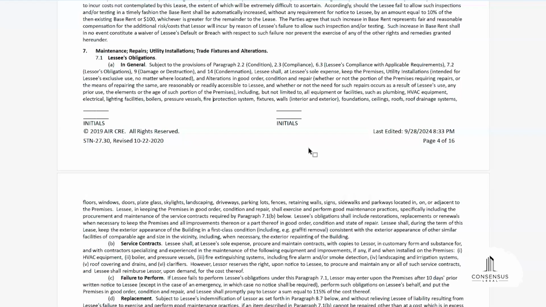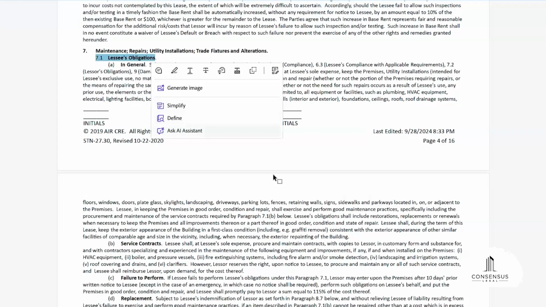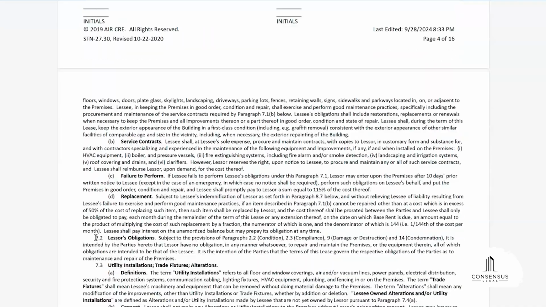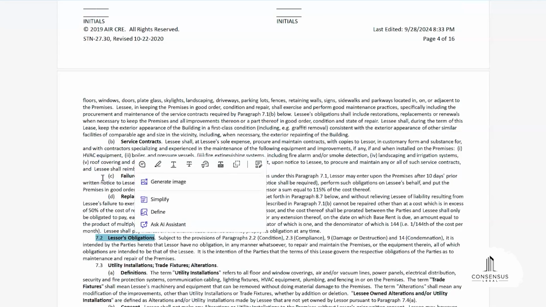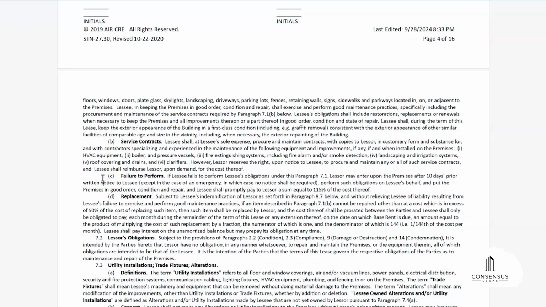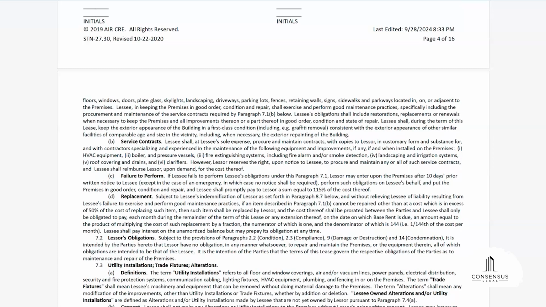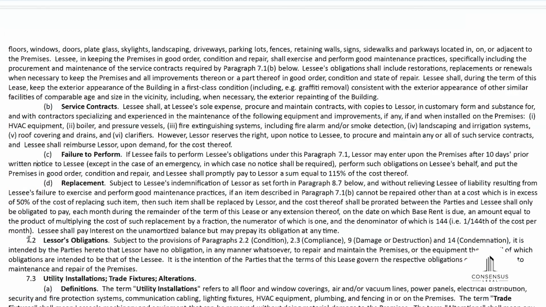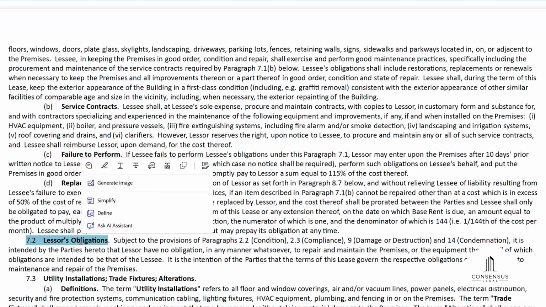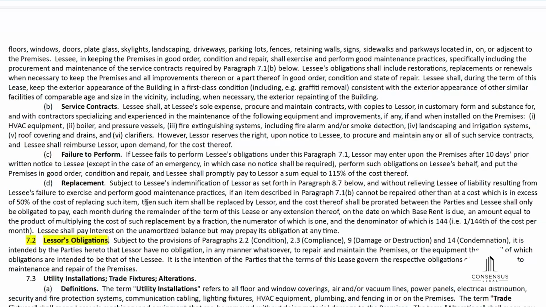But in today's webinar, we're going to focus in particular on 7.1 lessee obligations and 7.2 lessor's obligations. And this is, as I mentioned, the single-tenant net lease. So we're actually going to go backwards in this lease. We're going to start with 7.2 because I think it's easier for all of us to understand if we go bottom to top. So we're going to start with lessor's obligations.